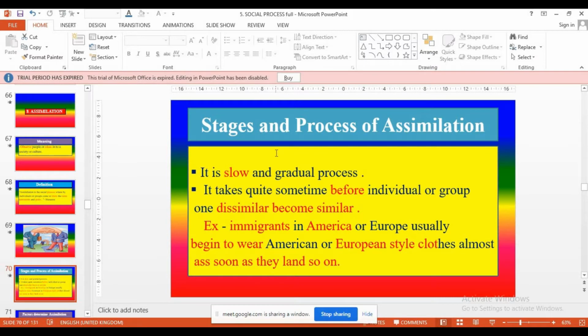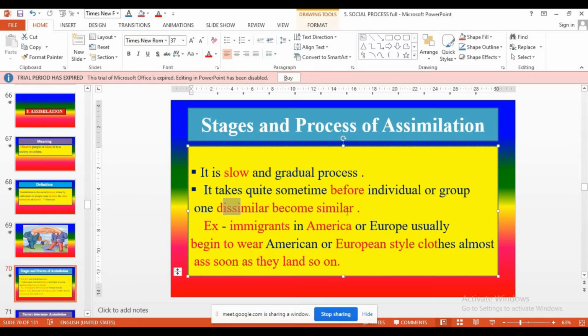Look at the stage and process of assimilation. It is a slow process. Quite some time passes before individuals who are dissimilar become similar. Look at this: dissimilar becomes similar.